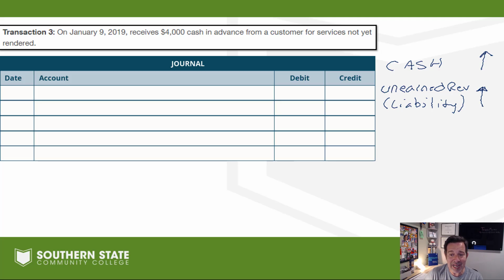How do we make that happen? Put the date in. Cash account, we already know, goes up on the debit side. Unearned revenue goes up on the credit side. And liabilities go up on the credit side. $4,000.